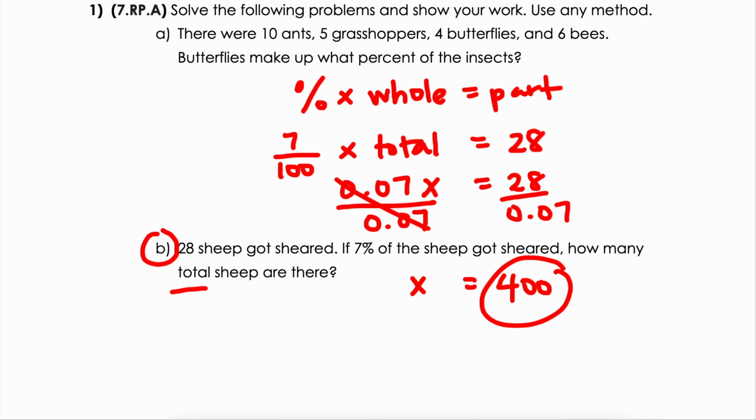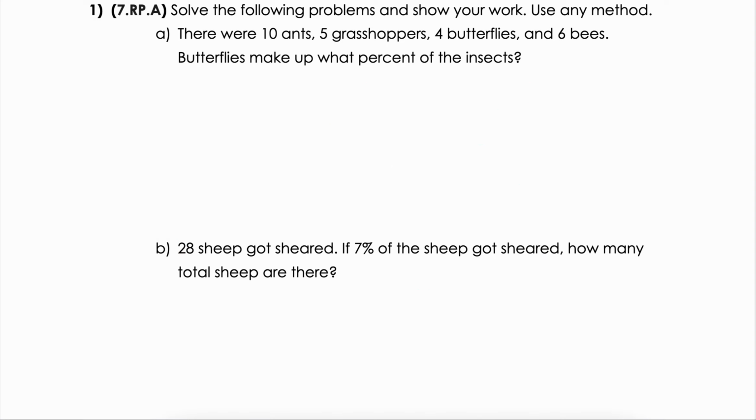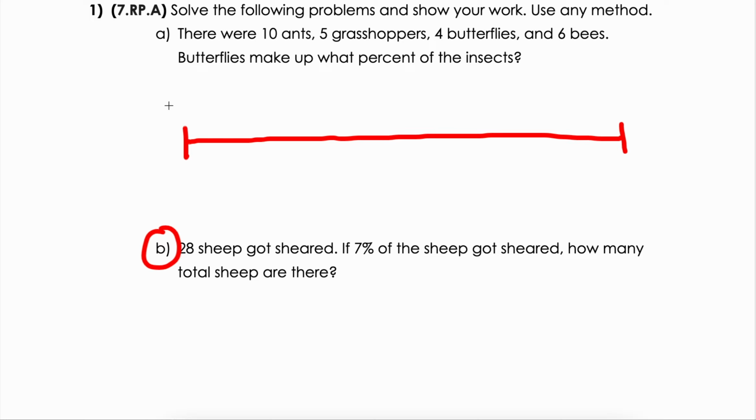Let's take a look at method 2, which is where you would draw yourself your double number line. So again, we're still working on B, just a different method. With my double number line, I have 0% to 100%, my total. They gave me 7%, so let me put that up there.